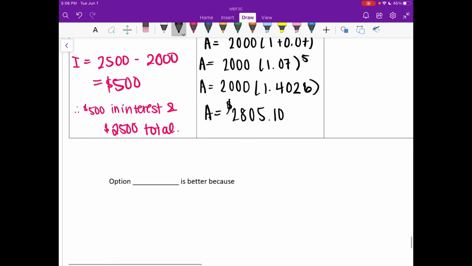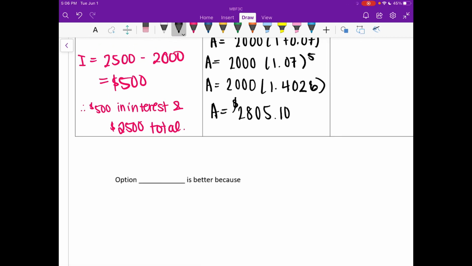So that means at the end, I will have $2,805.10, which means that the interest that I earned here is going to be $805. And I do that by doing interest is equal to 2,805.10 minus the principal, which was 2,000, equals 805.10.